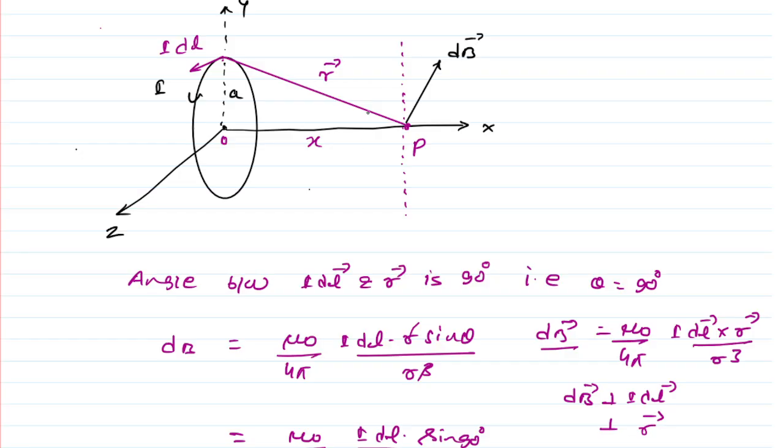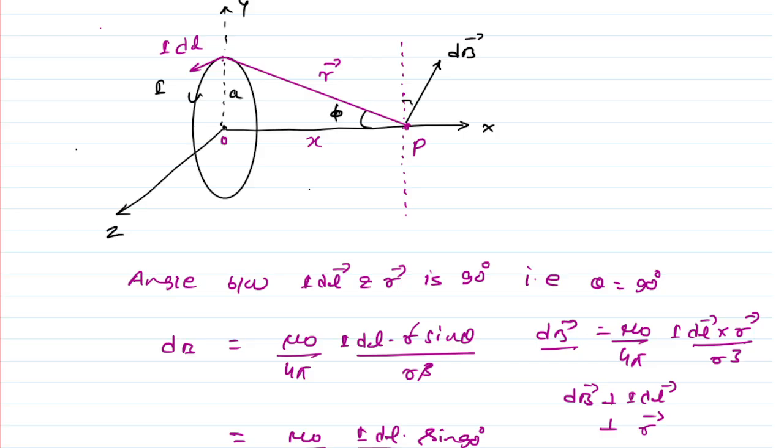And now you see, if we call this angle phi, r vector is making an angle of phi with x axis. So this total angle is 90 degrees with vertical. So this remaining angle will be 90 minus phi, and this angle is also equal to 90 degrees. So if this angle is 90 minus phi, then definitely this angle will also be phi.